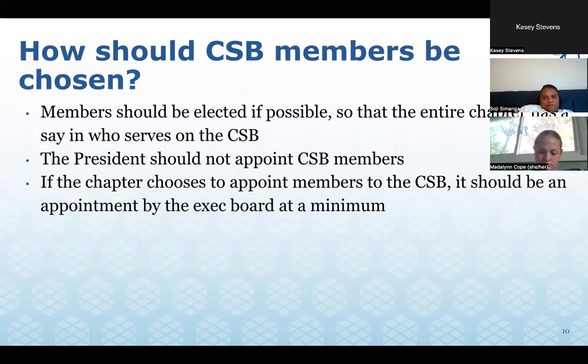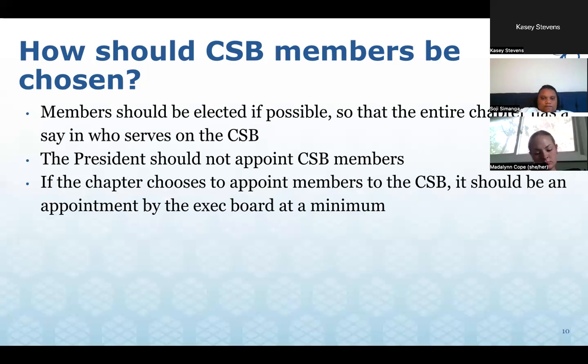Just like if you were trying to put your name on a slate of candidates for specific positions in your chapter and be elected, I would definitely recommend the same for chapter standards board for those general members of the chapter who might want to serve. The president should not appoint the chapter standards board members.